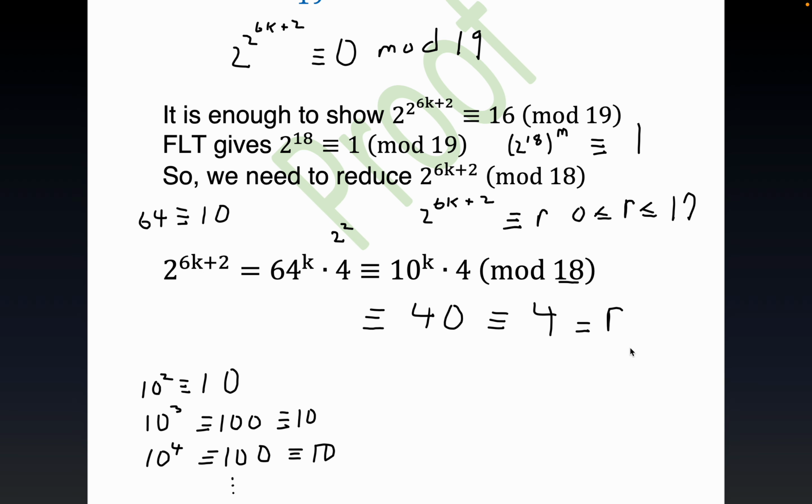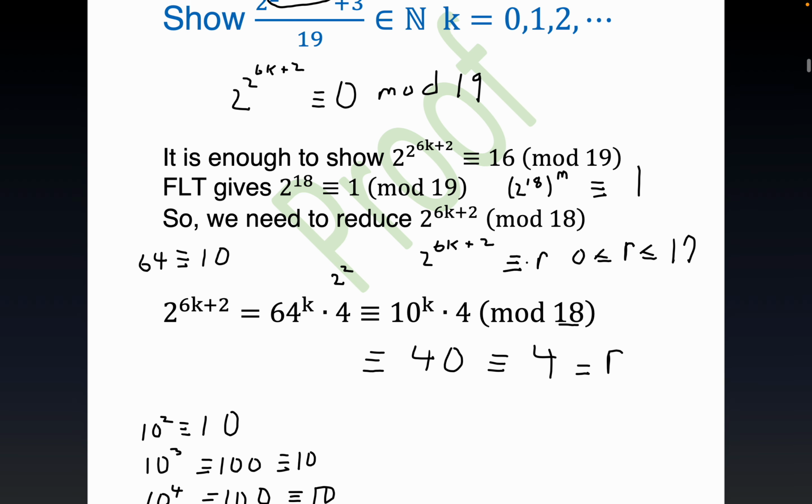We've reduced this. We started with this and reduced it to 2 to the 4th mod 18, and we are done because that takes advantage of this truth right here, and we get the result we were seeking.